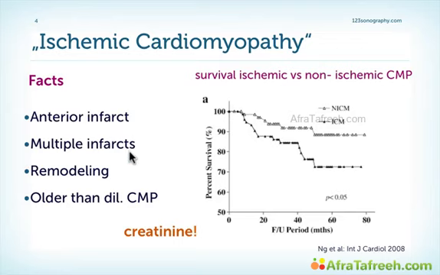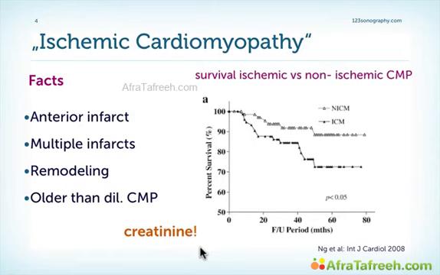We see multiple infarcts in many patients caused by multivessel disease. Remodeling is usually present, and because coronary artery disease is present more frequently in the older population, we have older patients with ischemic cardiomyopathy as opposed to dilated cardiomyopathy. Another issue to keep in mind, creatinine is also an important prognostic factor in patients with ischemic cardiomyopathy.